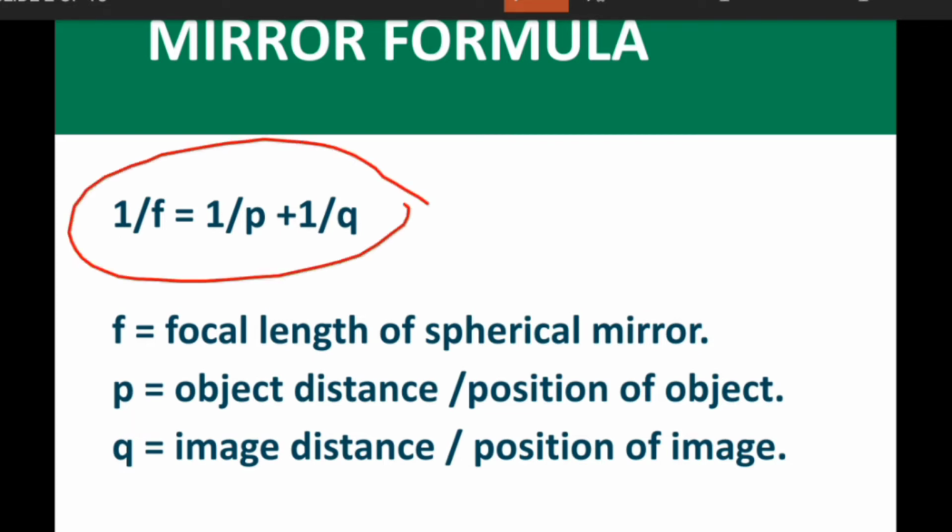The mirror formula describes the relation between the focal length, object distance, and image distance. You have to learn this formula, because it is very essential to solve the numericals.